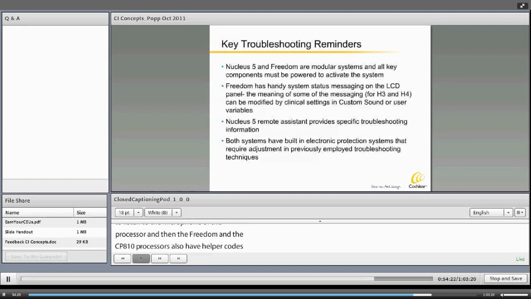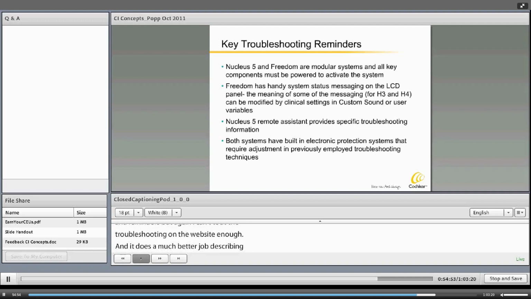There are a number of ways to check the equipment itself. We have monitor earphones, which enable you to listen to the microphone of the processor. The Freedom and the CP810 processors also have helper codes, as well as very descriptive icons on the remote to let you know what the problem could potentially be with the processors.